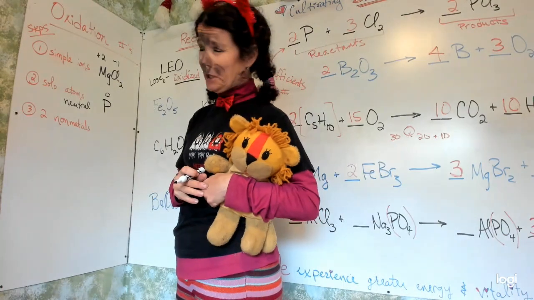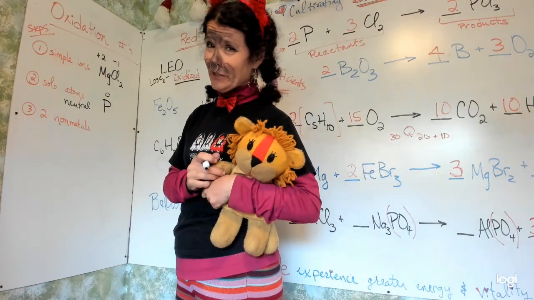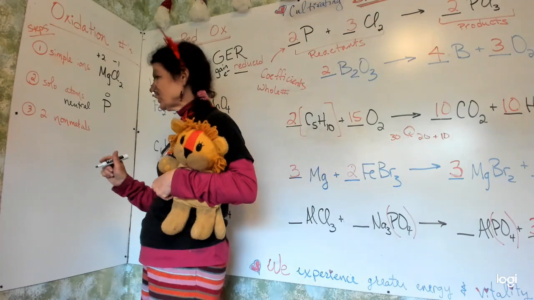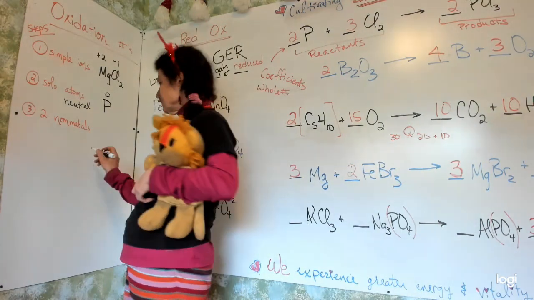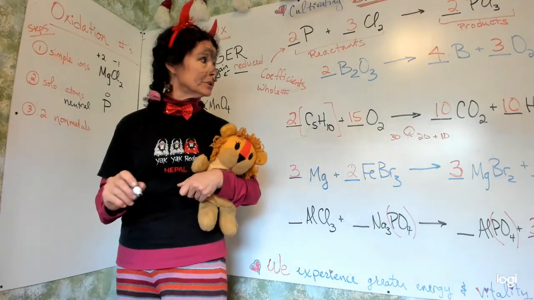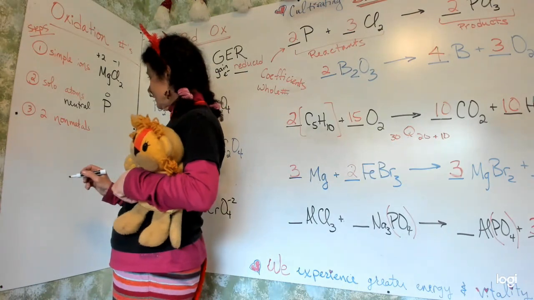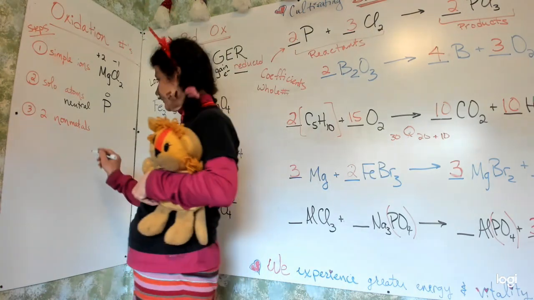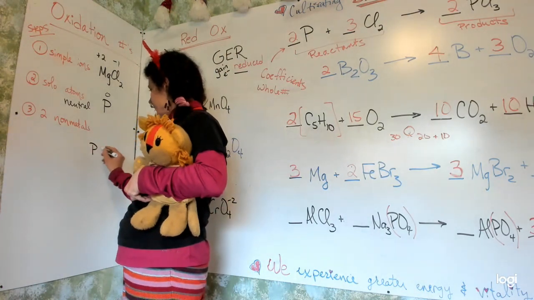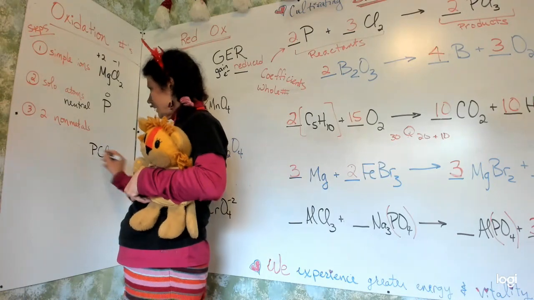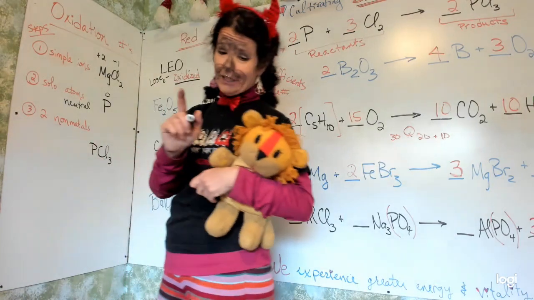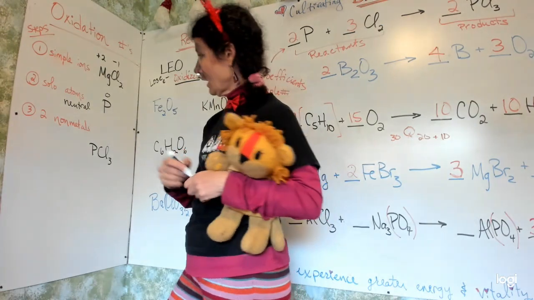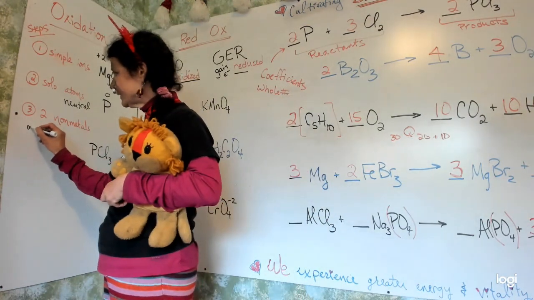So we get to the part of the two nonmetals. So let's do an example. Let's say we have a compound. Well, we can do our PCl3 up there. So you have two nonmetals. The rule is, first, we're going to go through 3 steps.